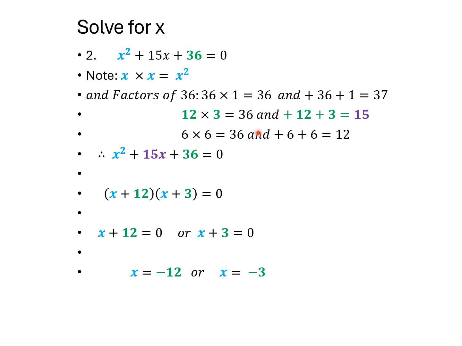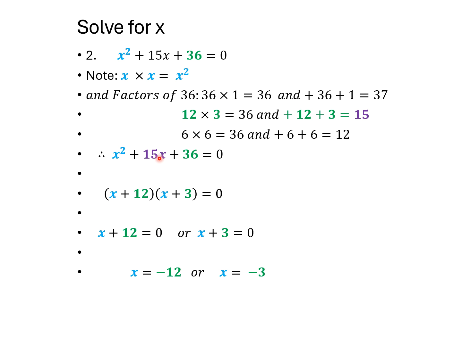So therefore I'm dealing only with positives. So to get to 15, I have to use this middle row where I said 12 times 3 is 36, but 12 plus 3 gives me 15. So x squared became x times x, 36, 12 times 3. And there I have 12x plus 3x, then gives me 15x.